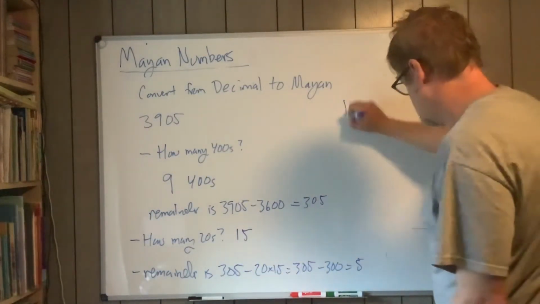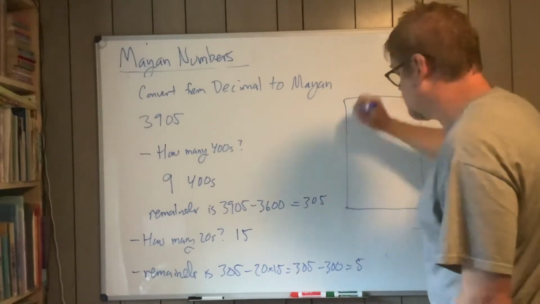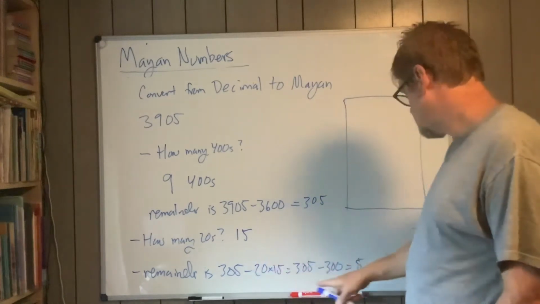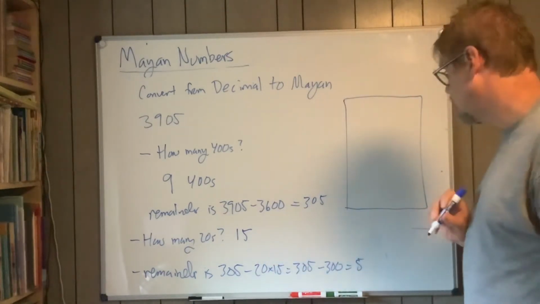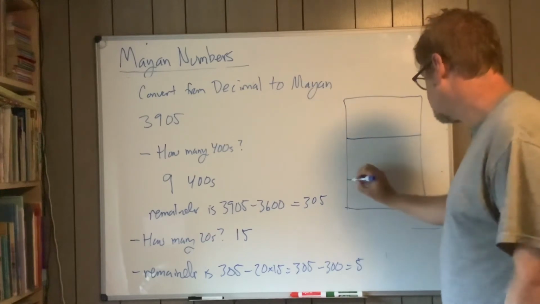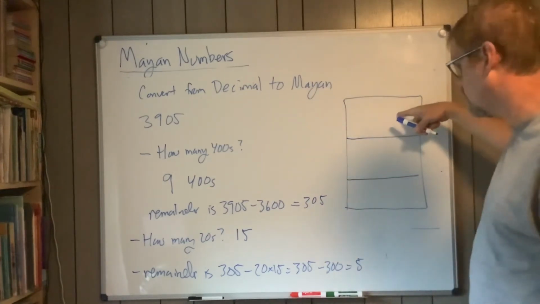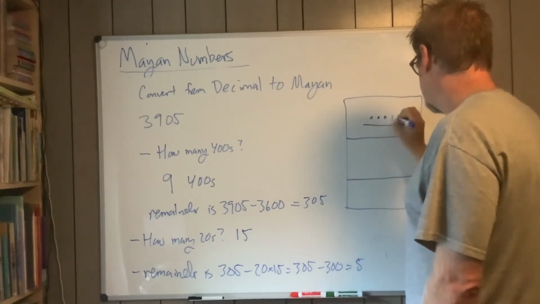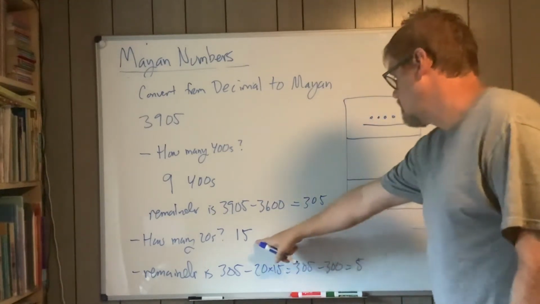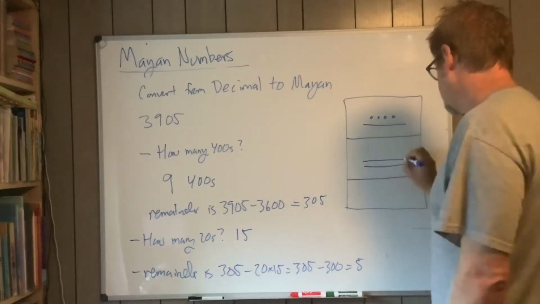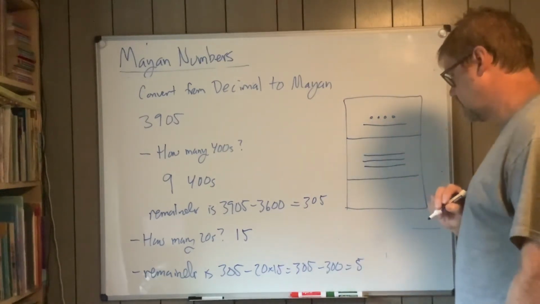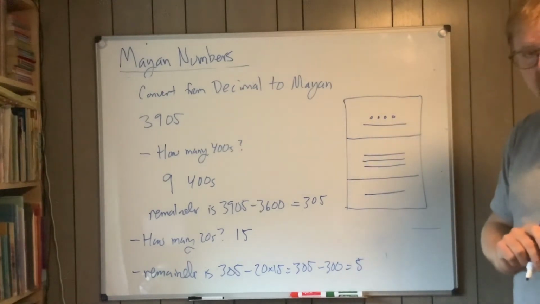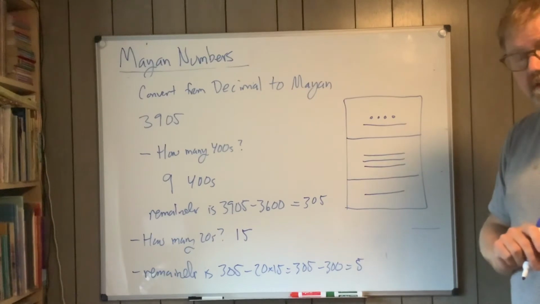So all we need to do is convert these into the Mayan digits. Remember the top one is the 400s, so 9 is 1 bar and 4 dots. There's 15 20s, so that's just 3 bars, and there's 5 1s, like that.